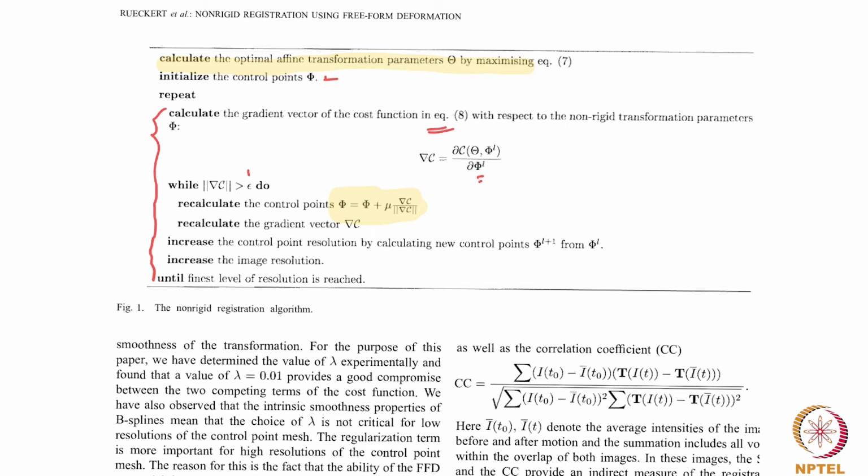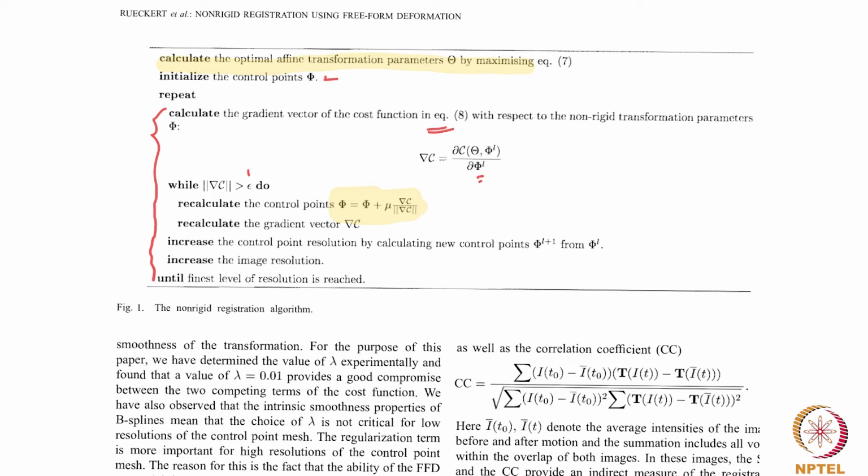You do this gradient descent, and then after you estimate this, you apply the deformation, and then you recalculate the gradient vector, and so on and so forth. Once you have converged for a particular resolution, you can move to a higher resolution of grid points and also a higher resolution of the image, and then repeat the whole process.